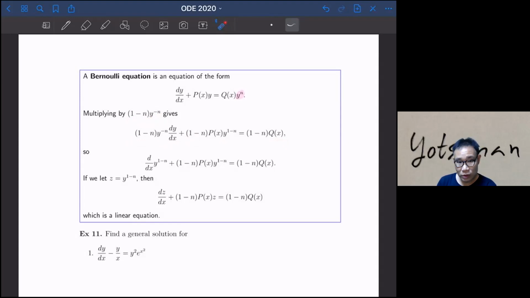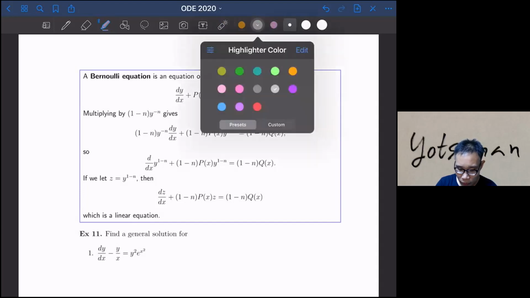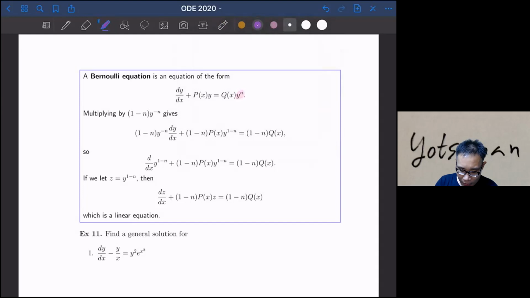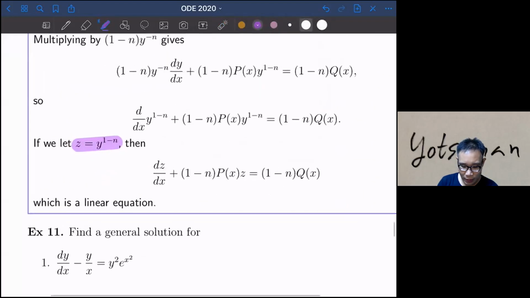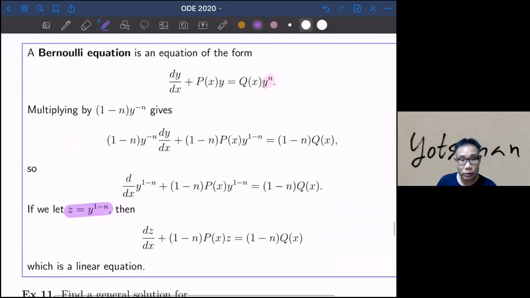And you see that if you use the substitution, if you let z equal to y to the 1 minus n, let me enlarge this one to see this guy clearer.